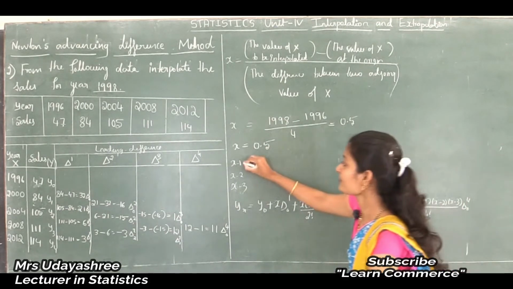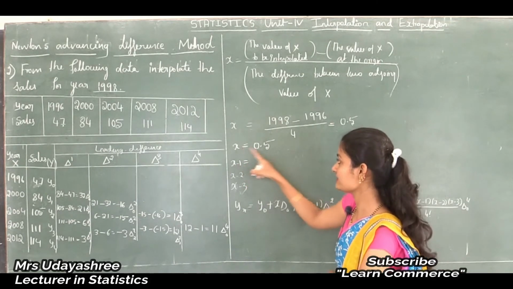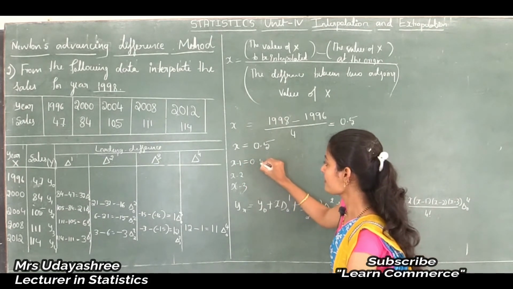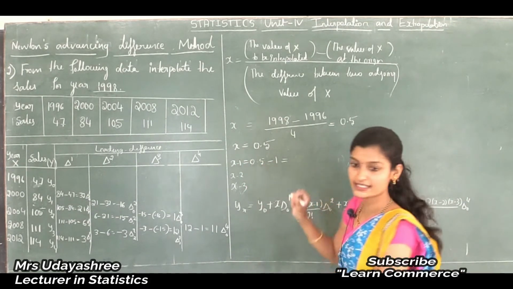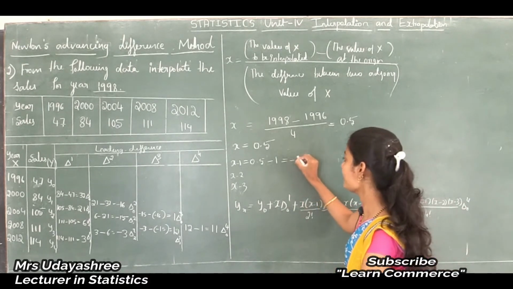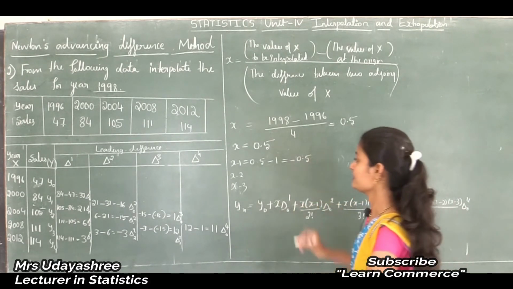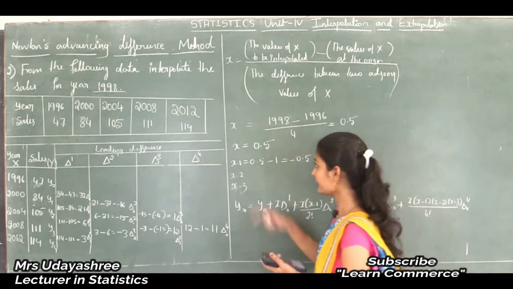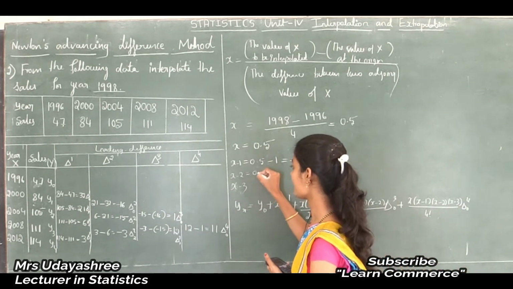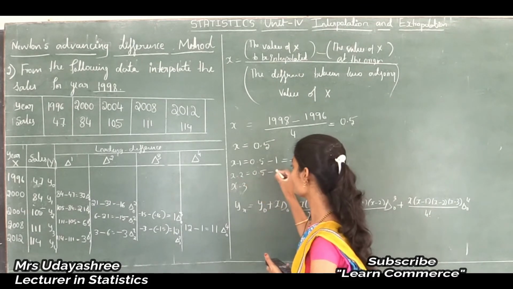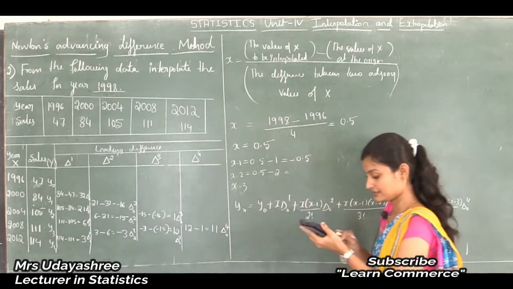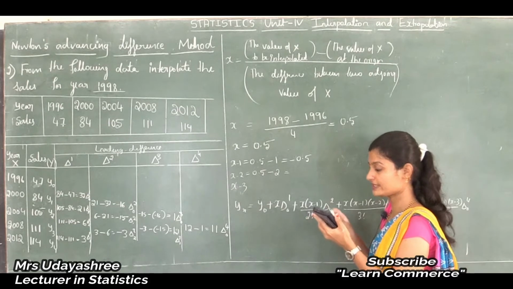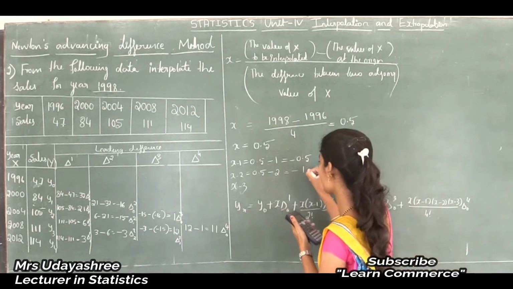So x minus 1 is 0.5 minus 1, that is minus 0.5. Next, x minus 2 is 0.5 minus 2, that is minus 1.5.